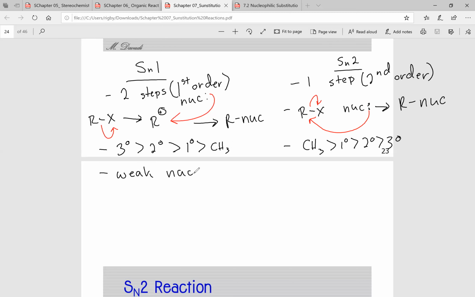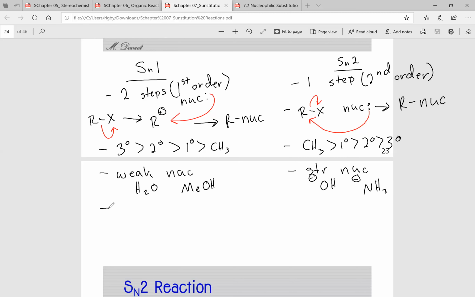So we still want nucleophiles. We don't want these non-nucleophilic bases, but we want a weak nucleophile like H2O or methanol, all that stuff. Whereas Sn2 prefers strong nucleophiles, such as OH negative, NH2 negative, most things with a negative charge.